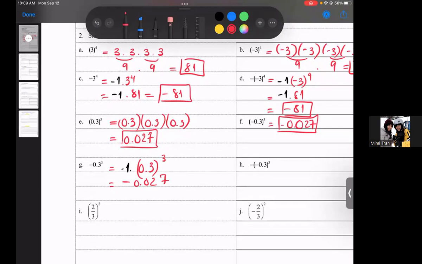For the odd power, it doesn't matter whether you have parentheses or not. It's always negative if you have a negative value. Say negative 2 cubed is still negative 8. Negative 2 in parentheses cubed is still negative 8. So odd powers are easier. But for even powers, you have to be careful.